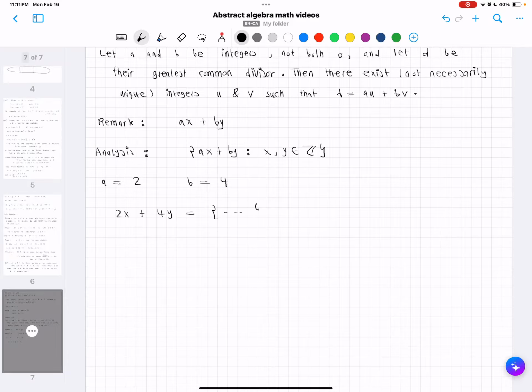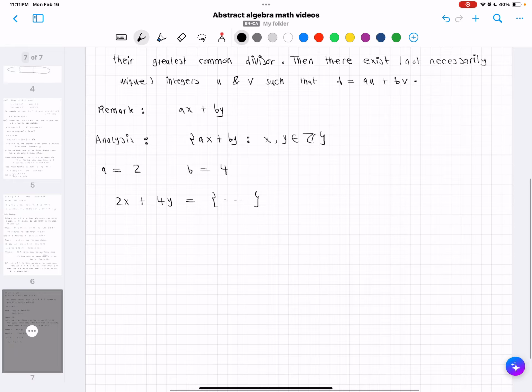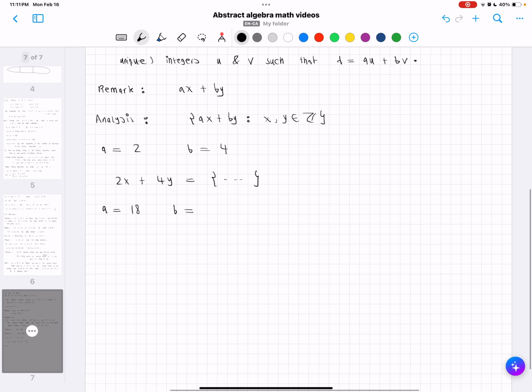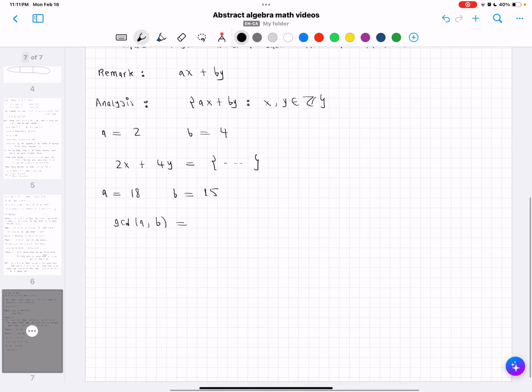Let's look at something a little bit more complicated. Let's take a to be 18 and b to be 15. Then the GCD between a and b is equal to 3.